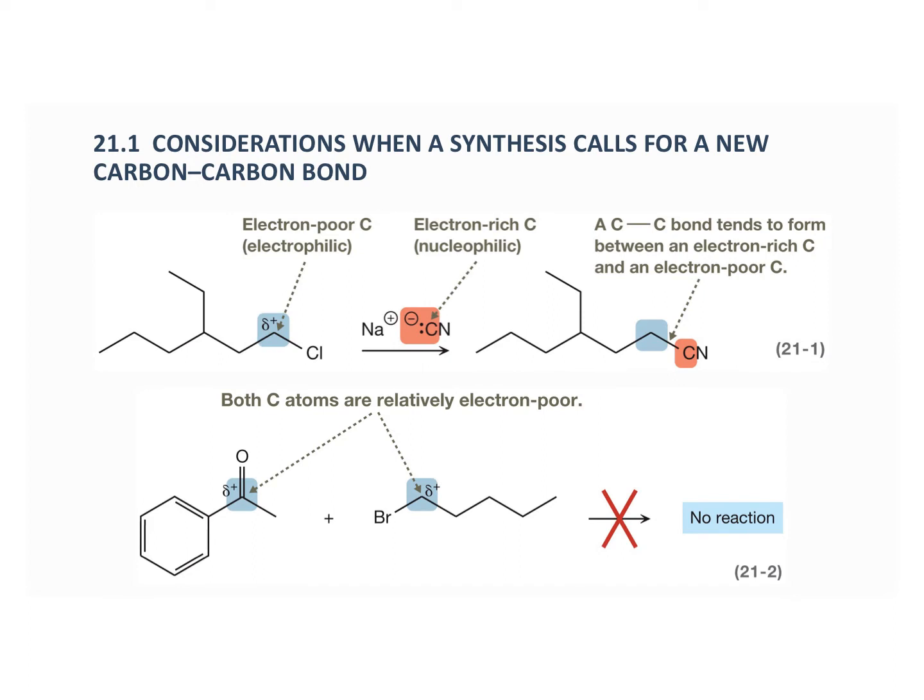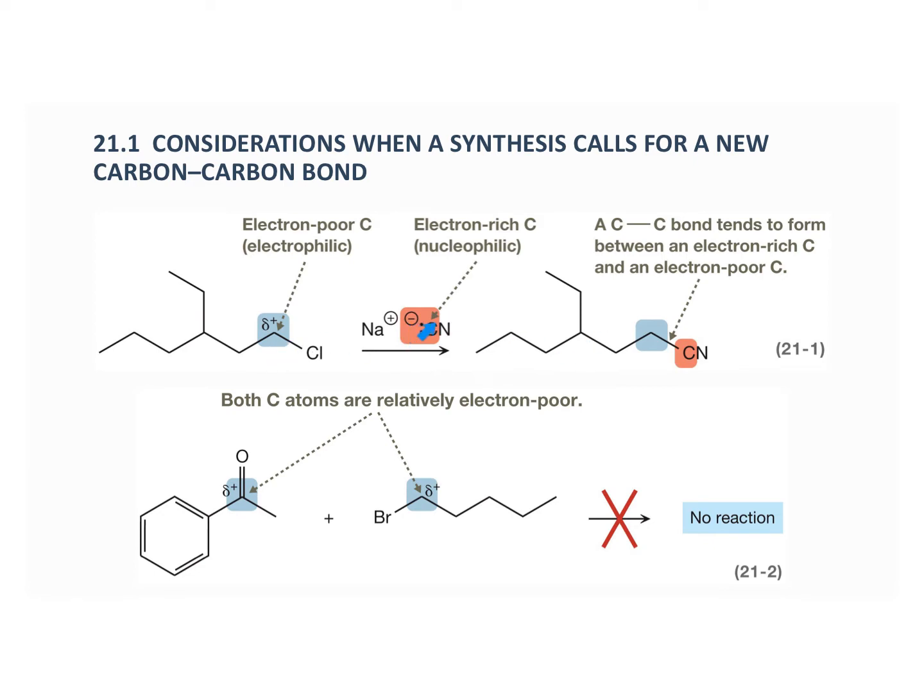Now, just that general idea that we're using these different charges is really applicable to a lot of the reactions that we've looked at, including these carbon-carbon bond forming reactions. And so when we look at this example, this is one we've looked at before.